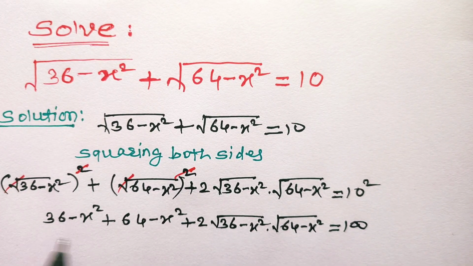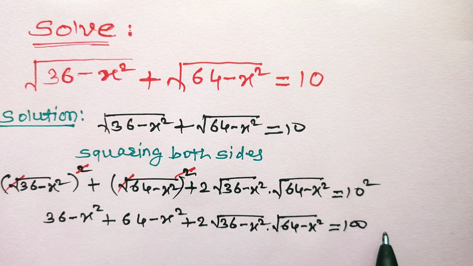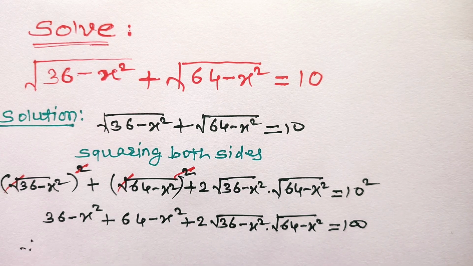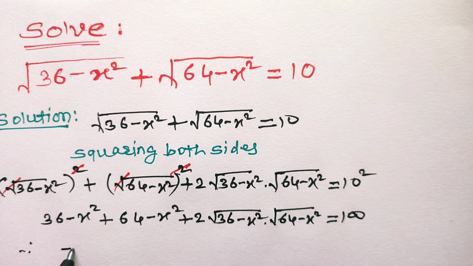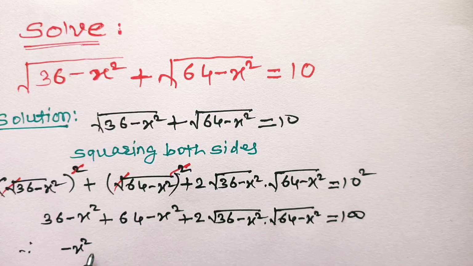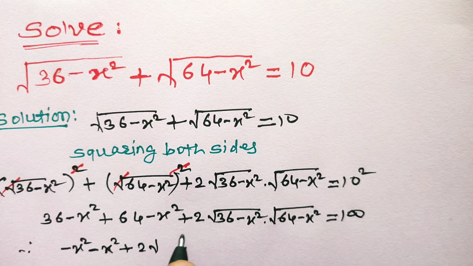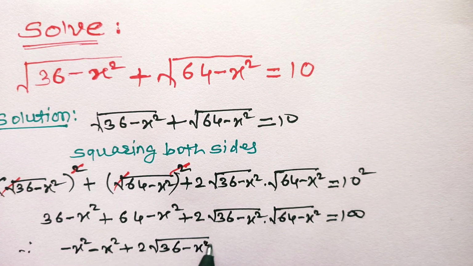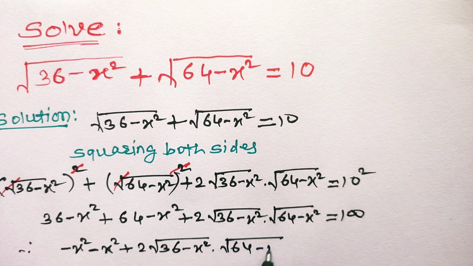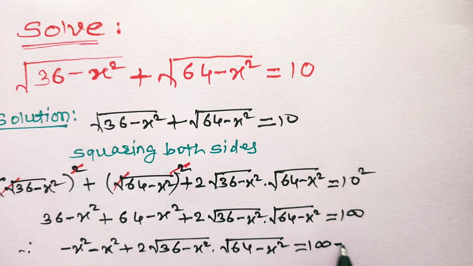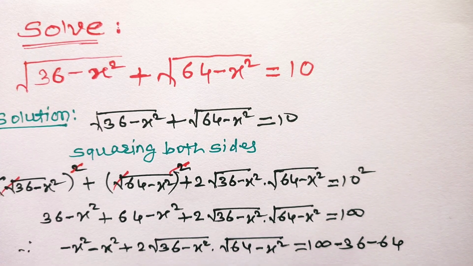Now transfer these 36 and 64 on right hand side. Hence equation can be written as minus x square, this minus x square, plus 2 into square root of 36 minus x square into square root of 64 minus x square is equal to 100 minus 36 minus 64.